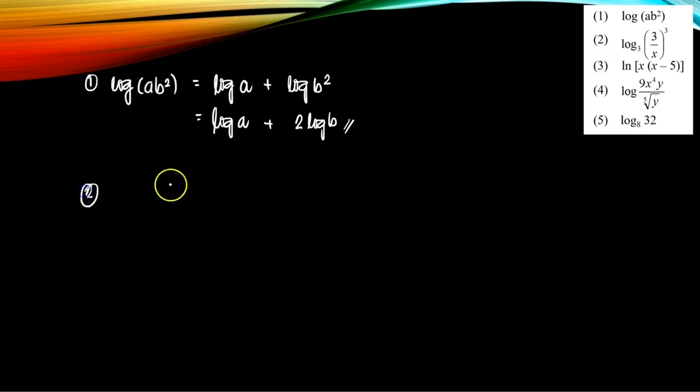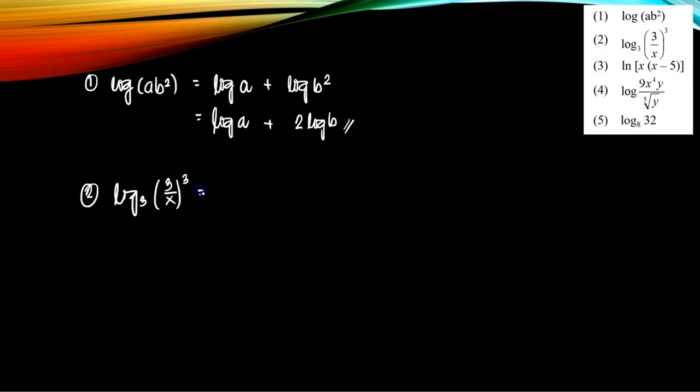What I can do is logarithm of a plus logarithm of b squared, and then I can still simplify this as logarithm of a plus 2 logarithm of b, and then I won't simplify it any further. That's where I end.